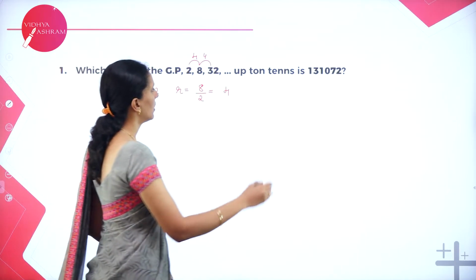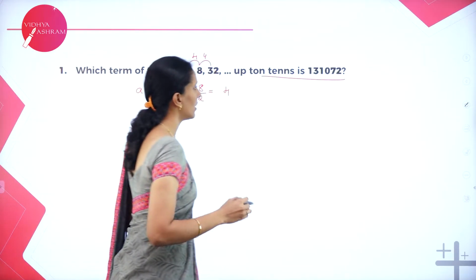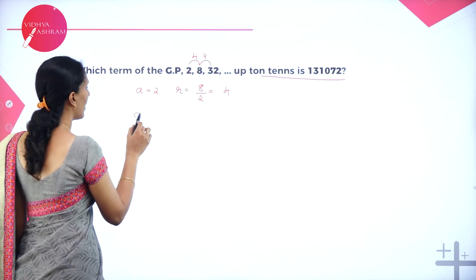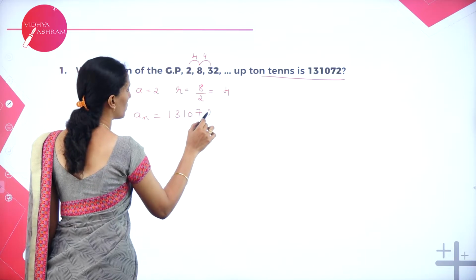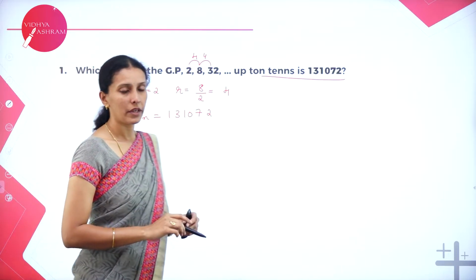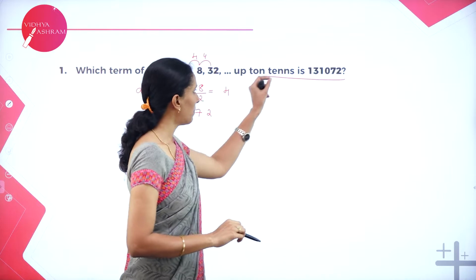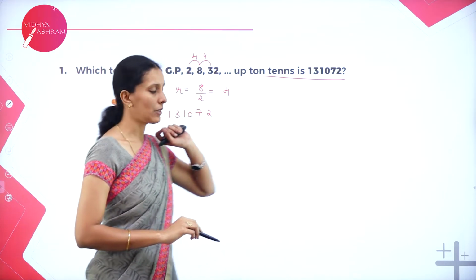So, the last term is given, that is an. An is given as 131072. So, this is the nth term given. We have to find out the place of this term, the nth place.